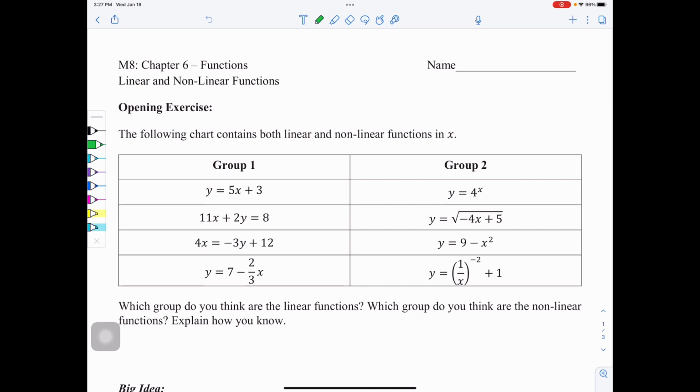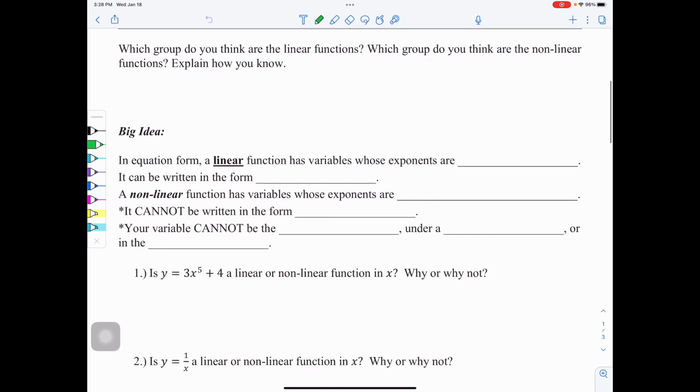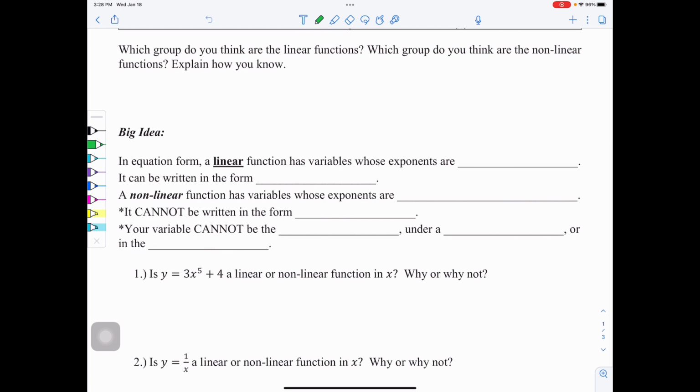Okay, now that you've had a chance to take a look at the opening exercise, there's probably a lot of different answers that many of you put for which group you think is which and why. So what I'd like to do is go over the big idea with you, and then we'll revisit the charts. So, in equation form, a linear function has variables whose exponents are 1.